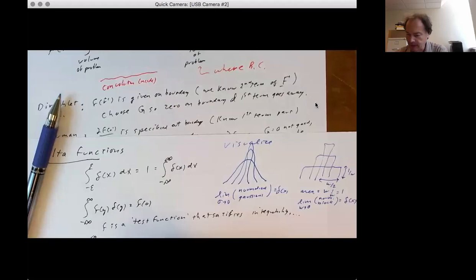I have f of y delta of x minus y dy. Then I do a change of variables, right? z is equal to x minus y. dz is equal to, in this case, minus dy.